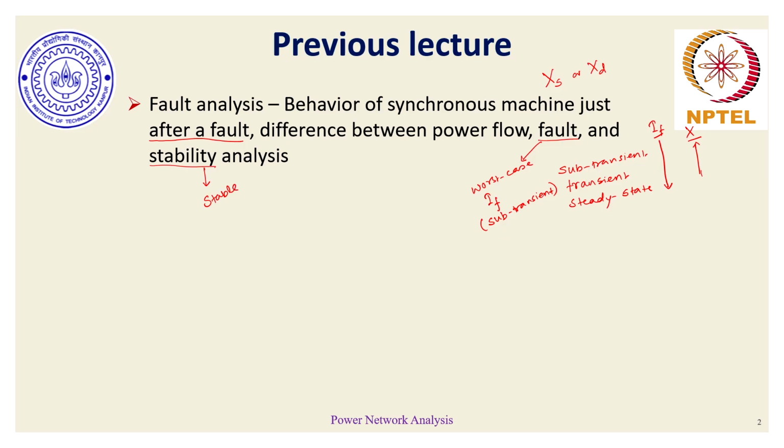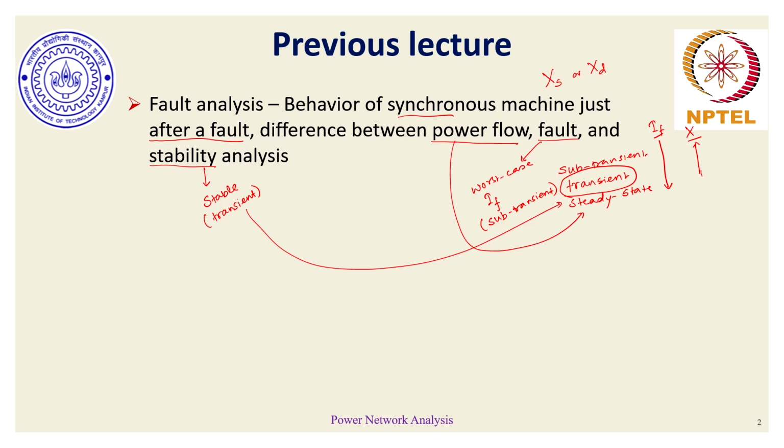And stability analysis is essentially a transient period study in which the machine's transient reactances come into the picture. Power flow we have talked about in the previous module extensively, and it basically pertains to a steady state study wherein we don't at all go inside the machine terminal. We retain ourselves only till the bus, which could behave as a PV bus if voltage control of the synchronous generator is not lost, or it converts to a PQ bus when the excitation control is lost.